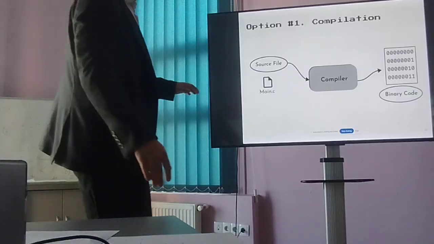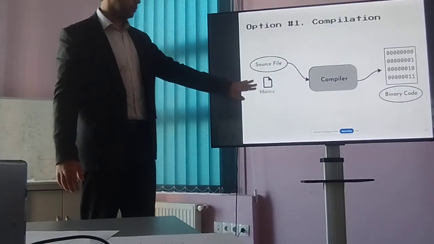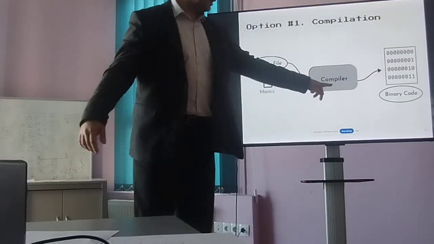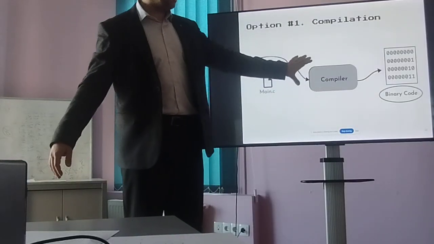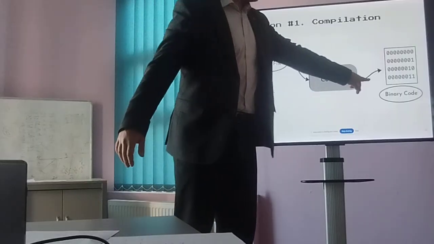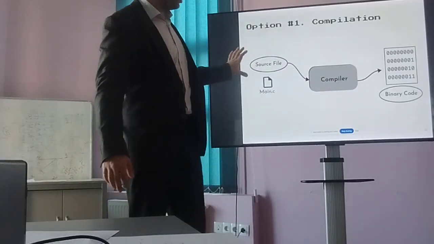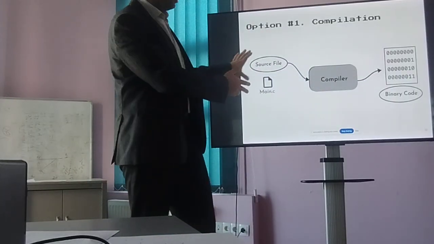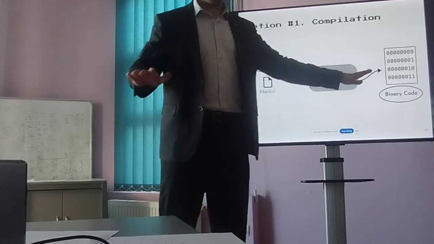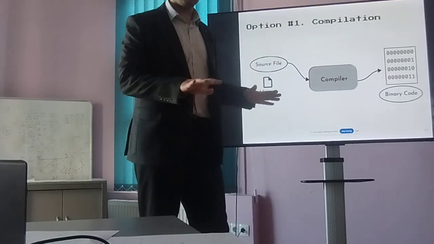So we have human-readable code, for example in C or any programming language, and we have a program called a compiler that translates our code into binary code that the CPU can understand. Do you see any problem with that?